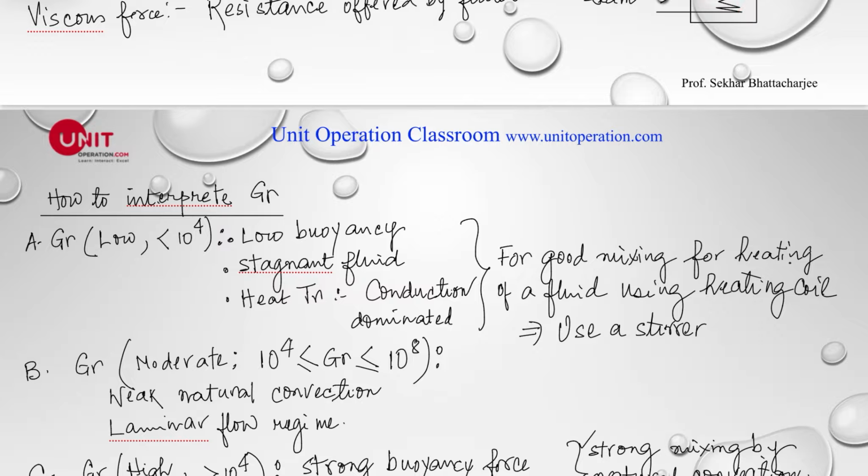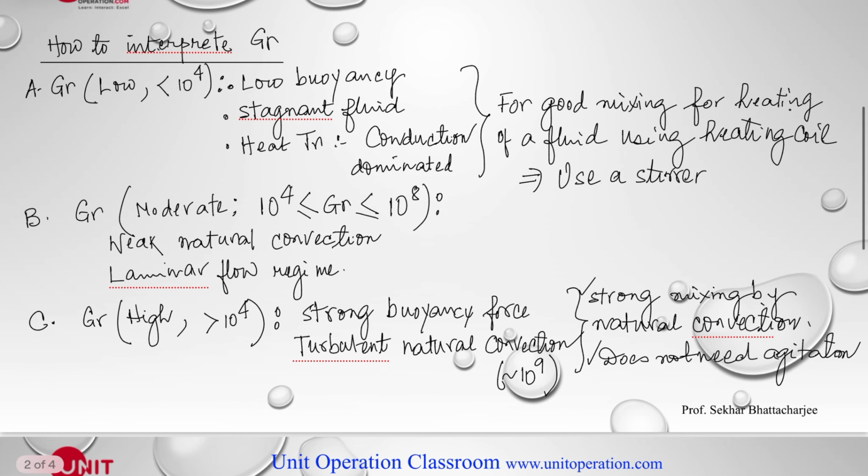In terms of industrial practicality, for good mixing of the liquid or for heating a fluid using a heating coil, we must use a stirrer if the Grashof number is low, because the circulation loop is not established. If the Grashof number is between 10 to the power 4 and 10 to the power 8, that's moderate.